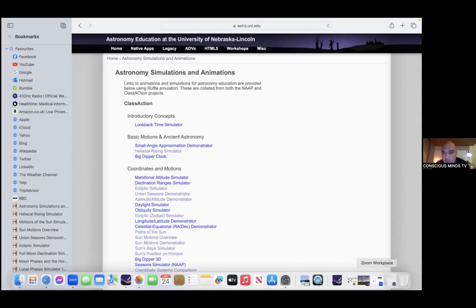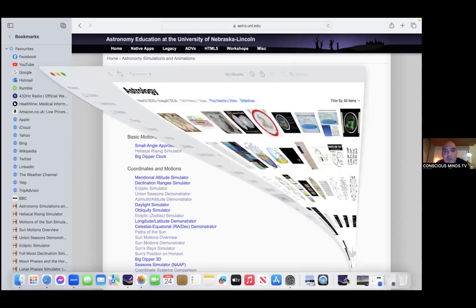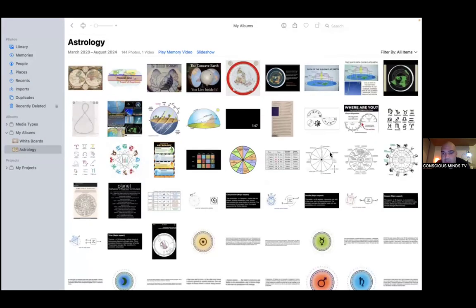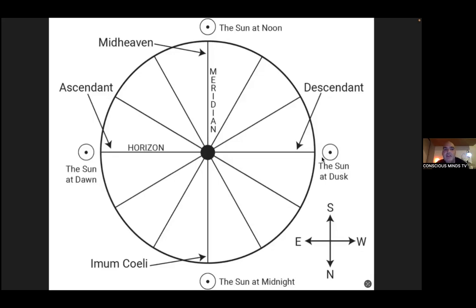What I first want to do is show people the basic mechanics of how an astrology chart works. As you can see here, there's a line that says horizon, and the top half is considered daytime and the bottom half is considered nighttime. This is the sun at midnight, the sun at sunrise, the sun at noon, and then the sun when it sets.